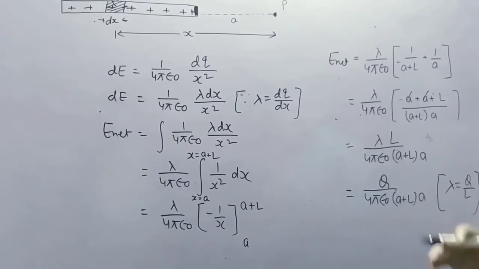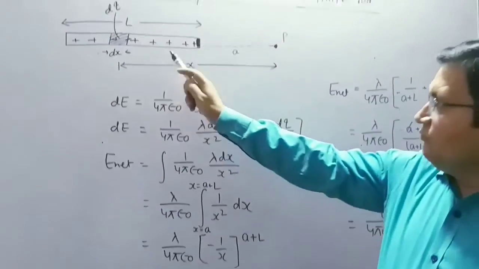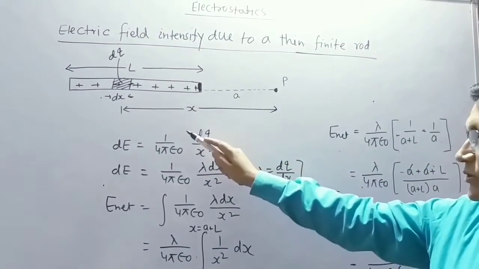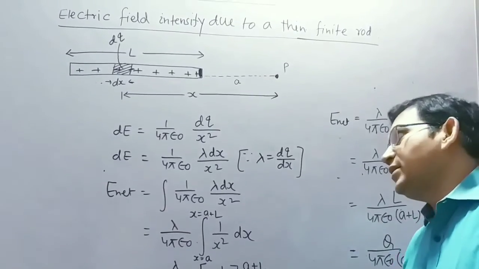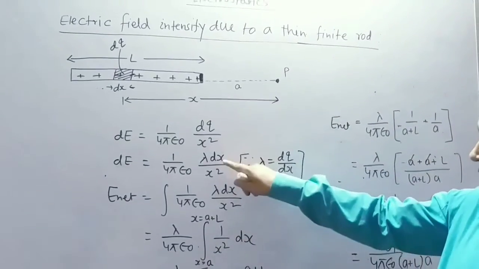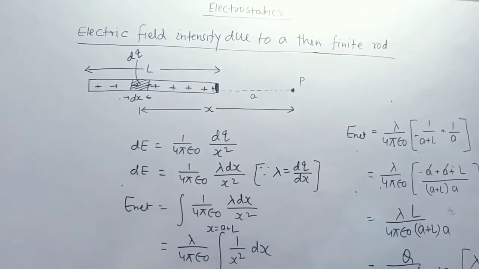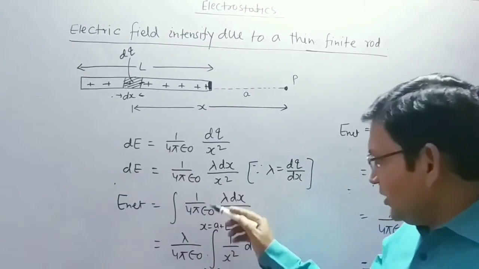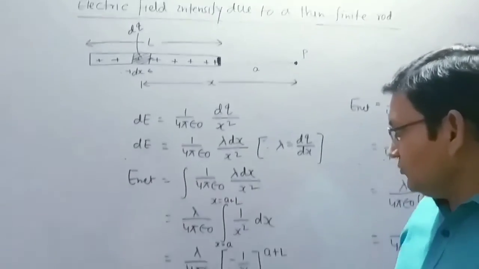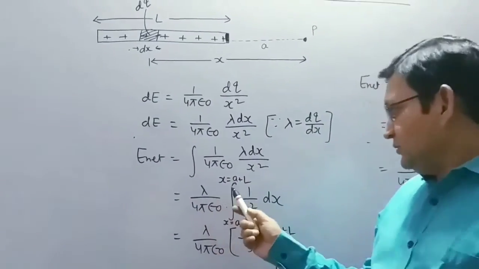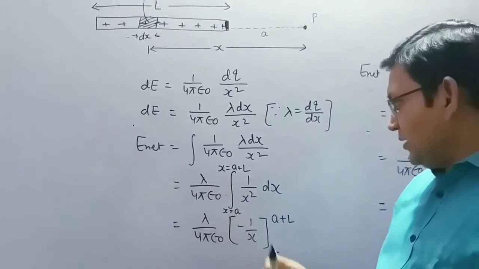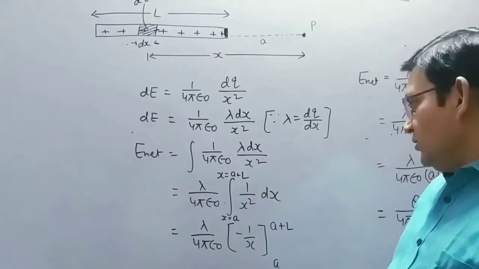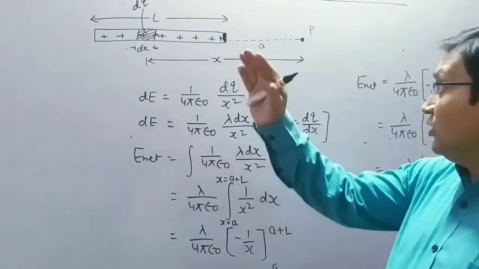So no problem. Let's see again. We have written the electric field intensity at P due to a small element of charge dq, which is 1 by 4 pi epsilon dq by x square. dq can be written as lambda dx because we know lambda is dq by dx. Then integrating 1 by 4 pi epsilon lambda dx by x square. Then take the constants, lambda is constant, 4 pi epsilon is constant, and we have 1 by x square dx. Now how to take the entire rod?